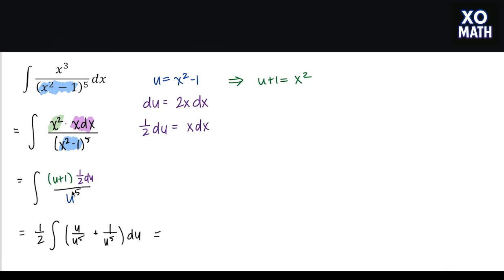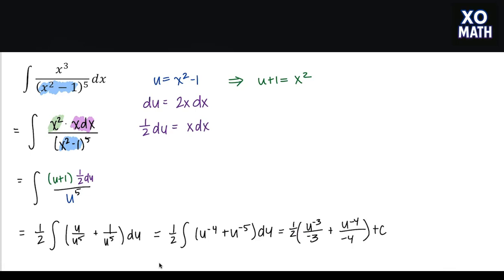Let's, from here, rewrite u over u to the 5th as u to the -4 plus u to the -5 du. And then we can find the antiderivative of each term here. So we're going to have 1/2 times (u to the -3 over -3 plus u to the -4 over -4) plus c.